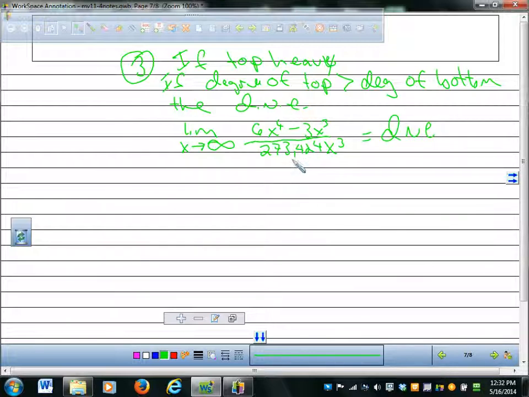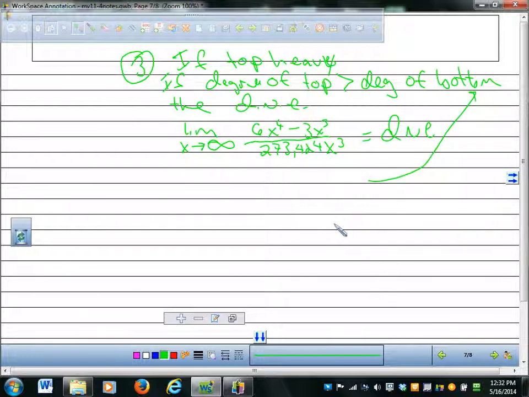I put some big number in front here on purpose because even though this is just times 6, when you start raising things to a power and the numbers get very large, this goes up way quicker than this. Even if x is bigger than 273,424 or something like that, you're raising that number to a big power. So this is going to go up bigger than this, outweigh it, and this curve is going to go up forever like that.